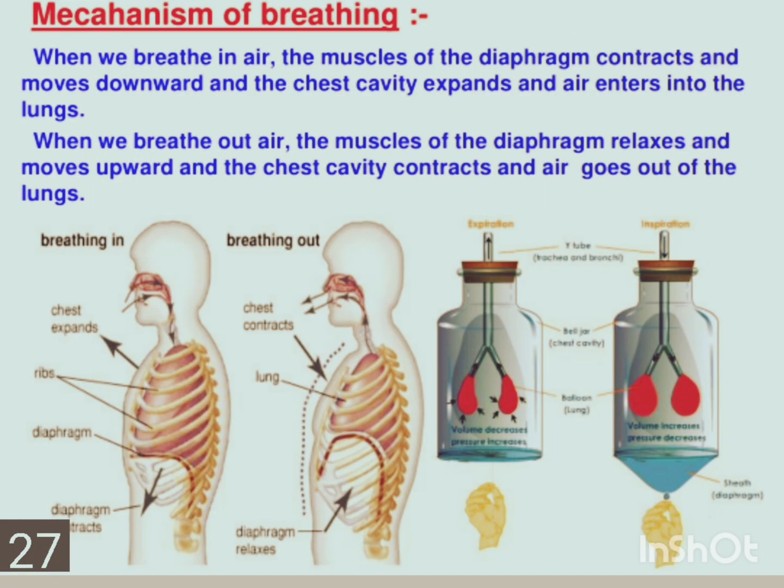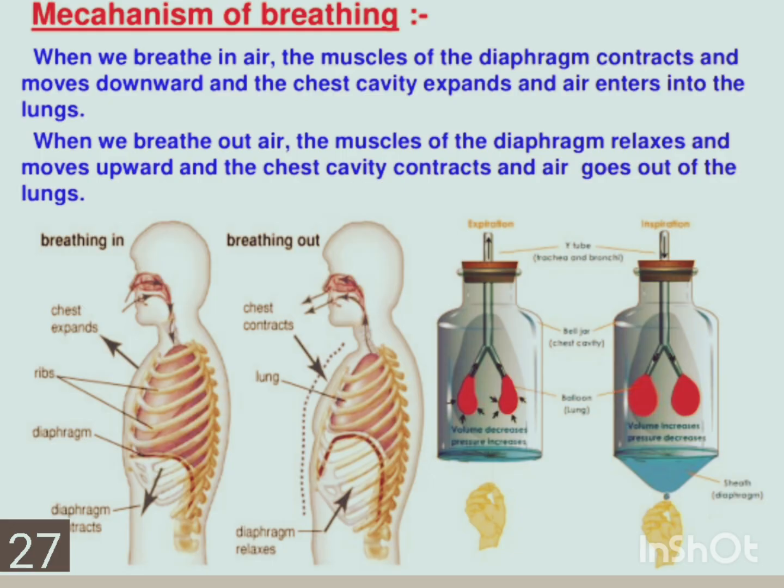Next we have the mechanism of breathing. When we breathe in air, the muscles of the diaphragm contract and move downwards, the chest cavity expands and the air enters into the lungs. You can see that here in picture 1. Whenever we breathe out, the muscles of the diaphragm relax and move upwards, the chest cavity contracts and the air goes out of the lungs.